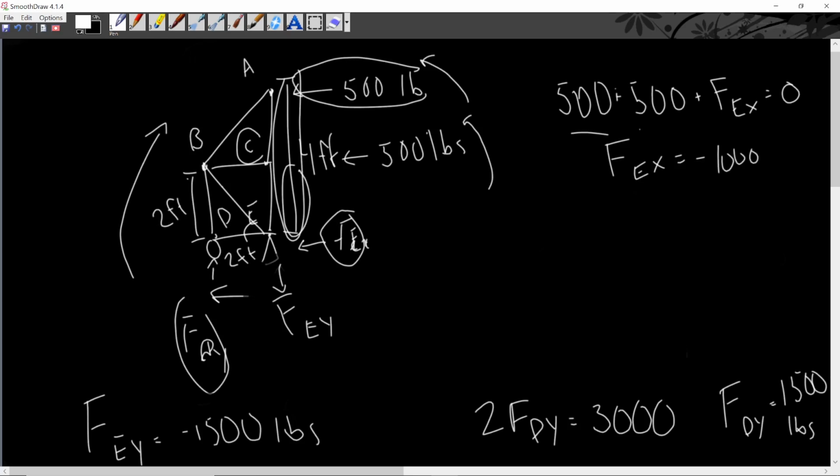Right, when you add 500 and 500, you get 1000, you bring that to the other side, you'll get negative 1000. Again, that's not a negative force being pushed on it, that is just a force pushing in the opposite direction. We have FEX will look like that. And this is negative 1000 pounds.